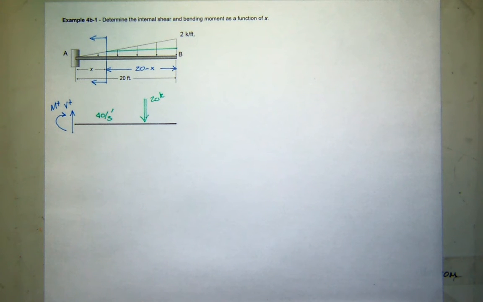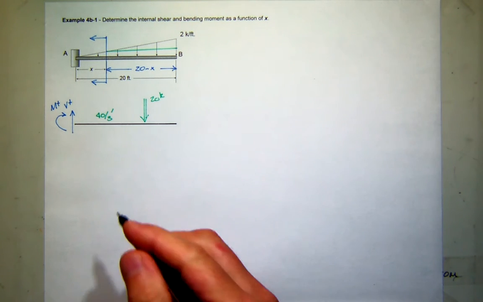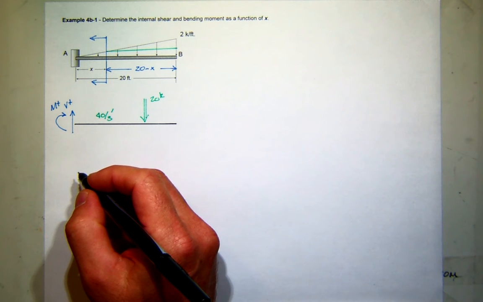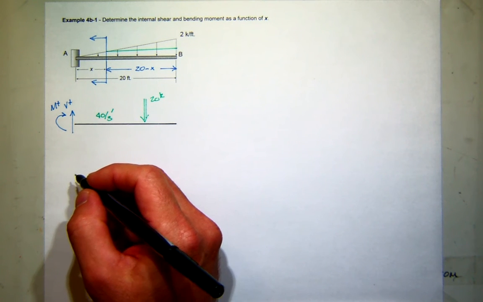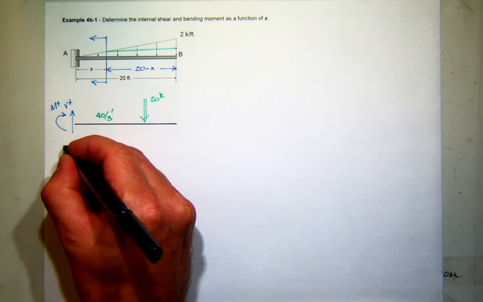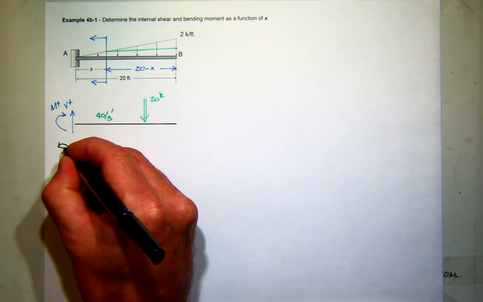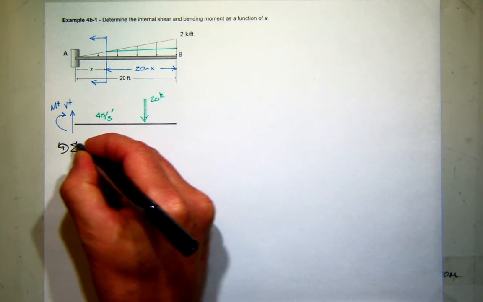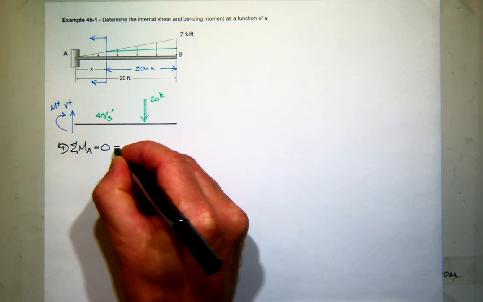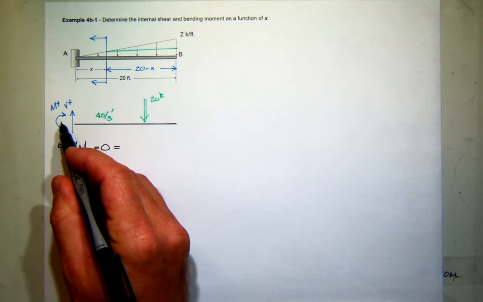I'm going to find those two. How do I do that easily? What's the easiest thing to do first? Sum moments where? At A. So I'm going to assume right-hand rule for my sign convention. Now I'm back to statics, so I can do what I want in terms of sign convention. So in terms of statics, with this sign convention, what kind of moment is that?